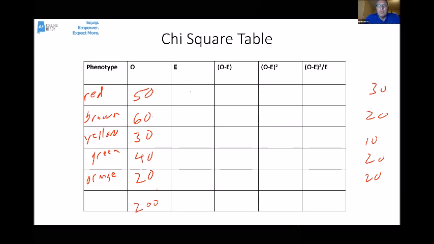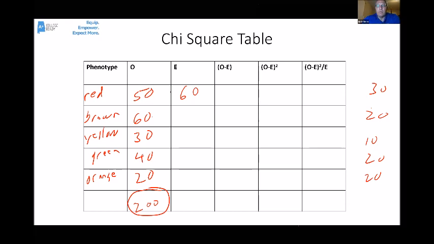What should go in this space right here? 60. And how'd you get that, sir? I just multiplied 30% times 200. Yep. So you take the total number of sample individuals, you multiply it by the expected percentage, which is 30%. So 200 times 0.30. So we got 50, but we expected 60.